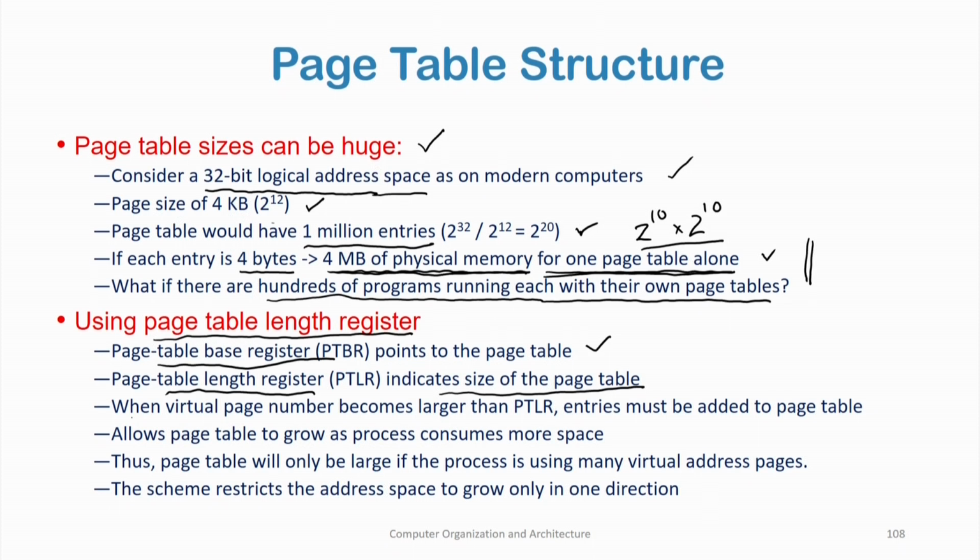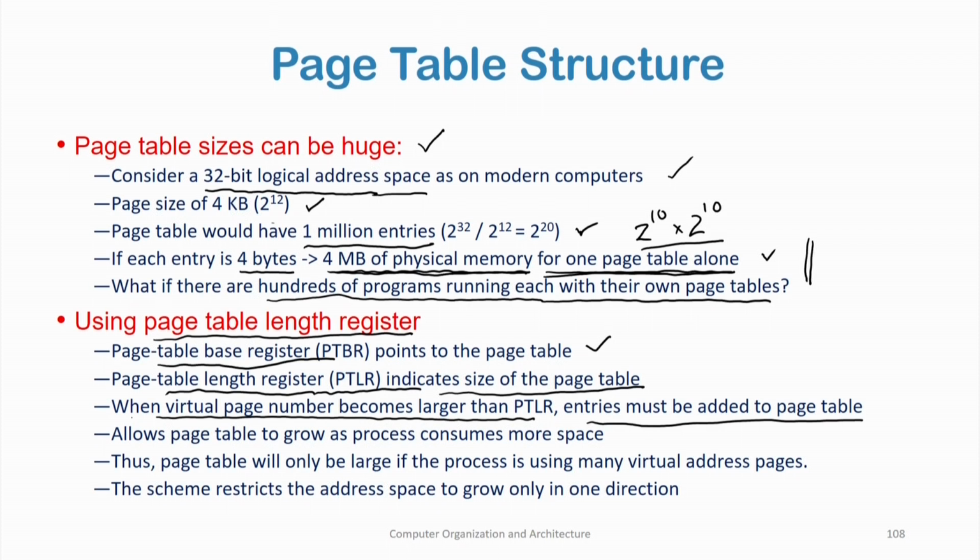So, initially the page table length register will point to the actual size of the virtual address space of the process when it is starting. Then when the virtual page number becomes larger than the PTLR, entries must be added to the page table, and accordingly the value of the PTLR has to be adjusted.